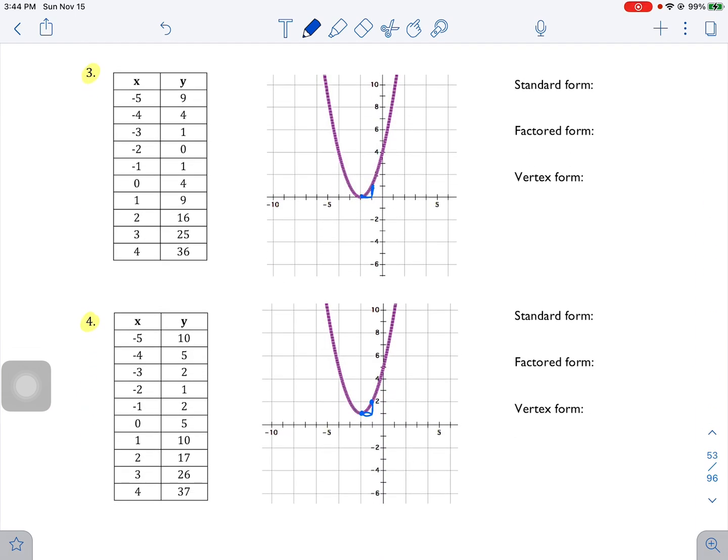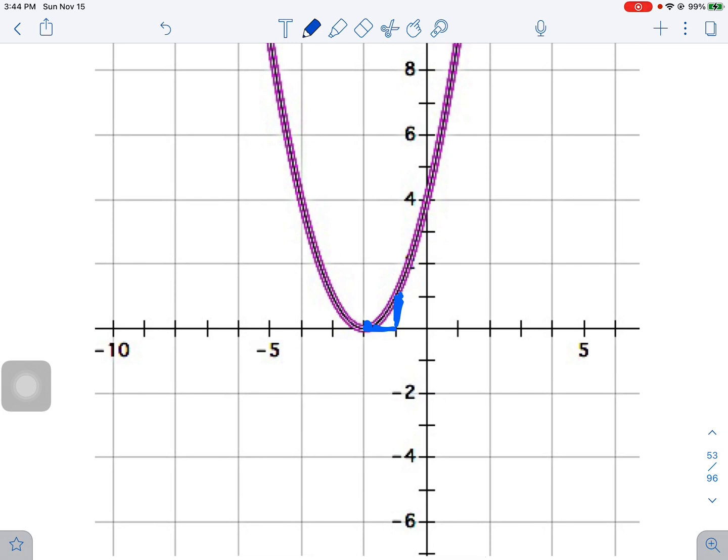This one lends itself pretty well to vertex form because we can see that the vertex here is right at -2, 0.